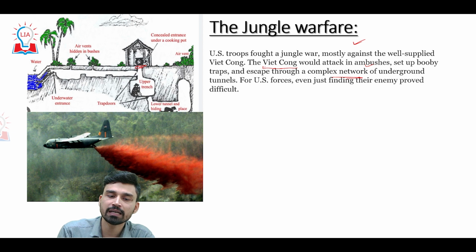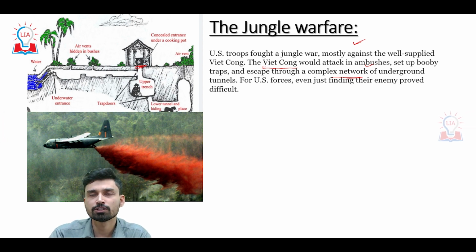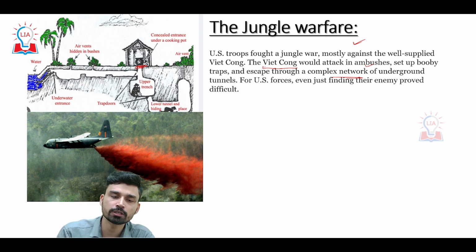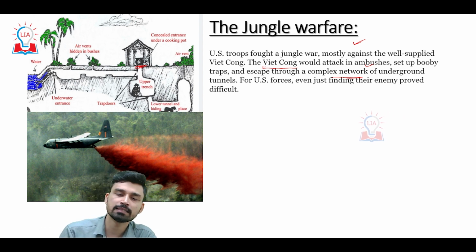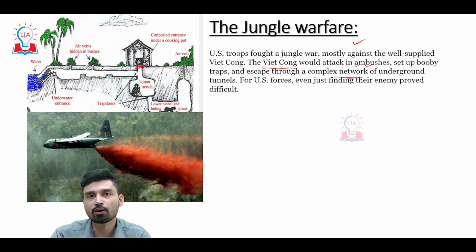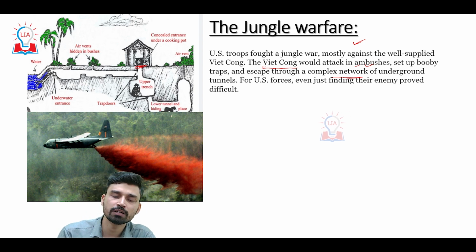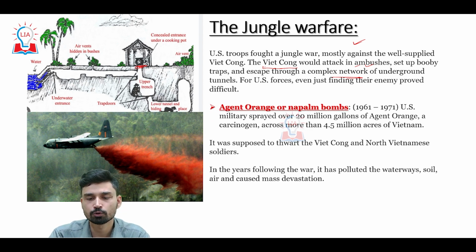The upper part of the tunnel was very narrow and was covered with grasses, trees, and sometimes woods. So the US forces did not understand where the tunnel goes, where it ends, or where it starts, and thus after carrying out ambushes and attack operations, Viet Cong soldiers were easily able to go inside and hide without coming in contact with the US forces.